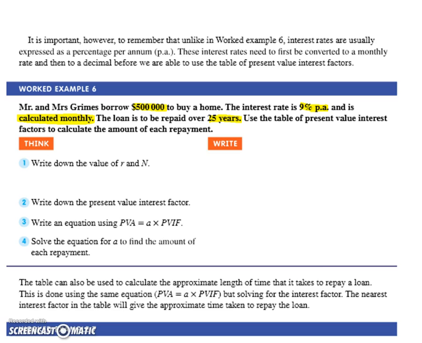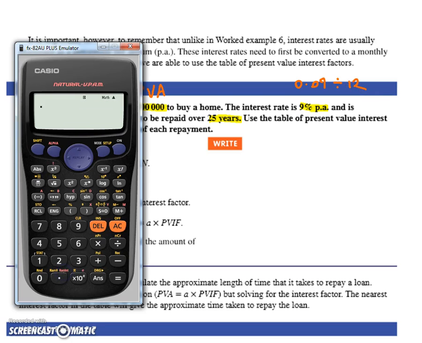So my 500 grand is my PVA. Okay, so that's how much I've borrowed. 9% per annum, my R is 0.09. But I've got to divide that by 12. Okay, so 0.09 divided by 12 will give me 0.0075.